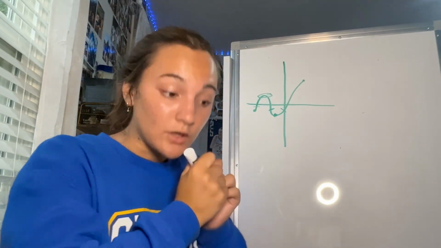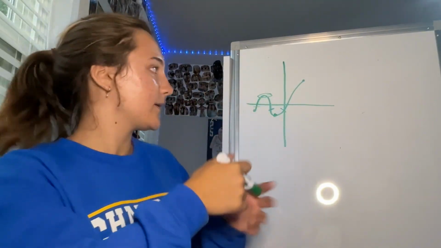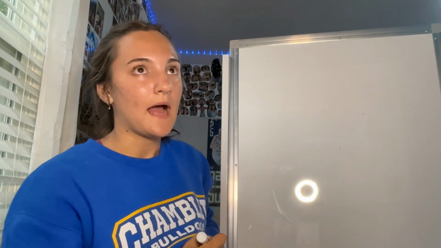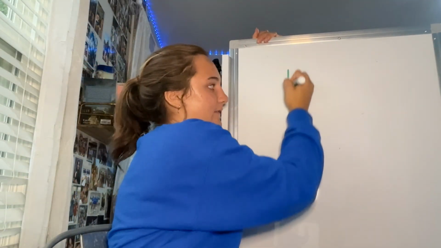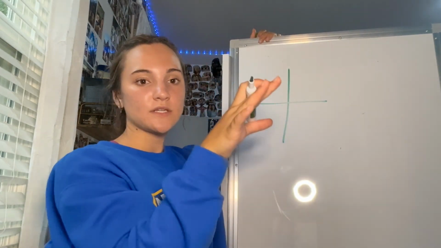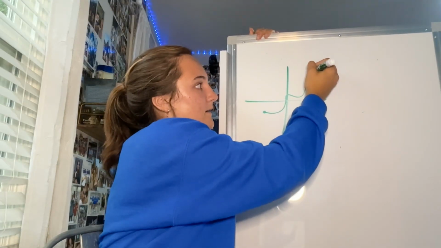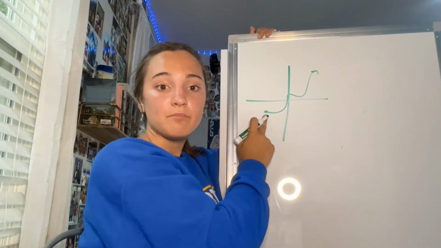However, the global maximum is the overall highest point. You can only have absolute or global extrema in even functions. Well, unless the function goes like this, and this will be the absolute minimum.